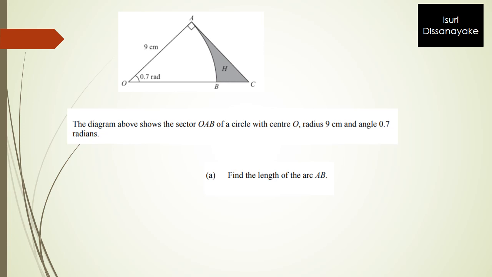So when you are finding the arc length AB, you have to use the formula S equals r theta because the size of the angle is measured using radians. So S equals the radius here, 9 centimeters, multiplied by 0.7. The arc AB is 6.3 centimeters.